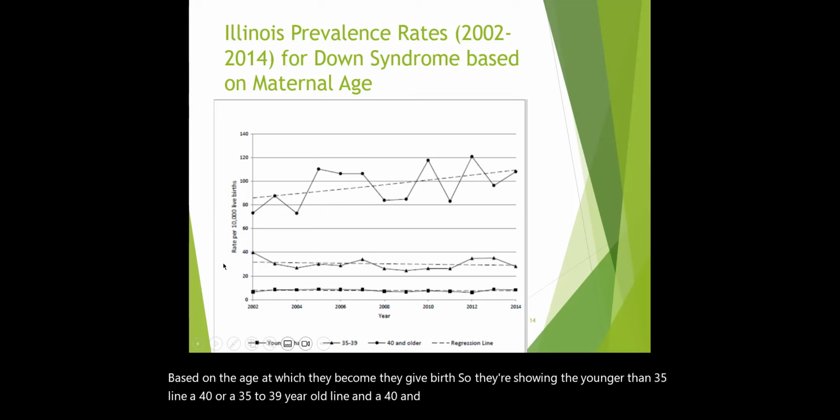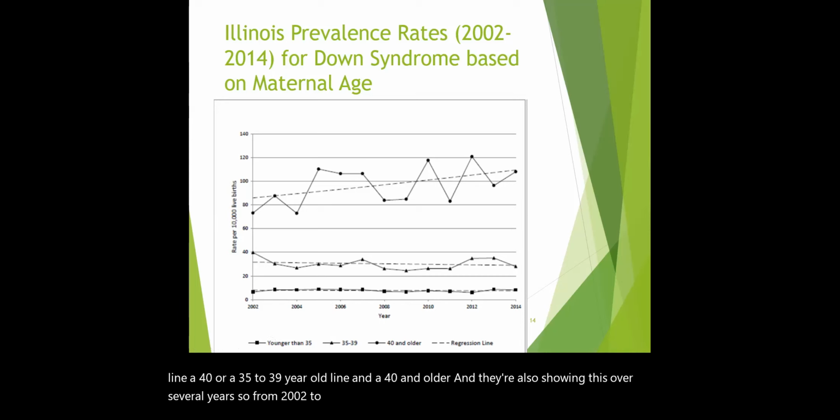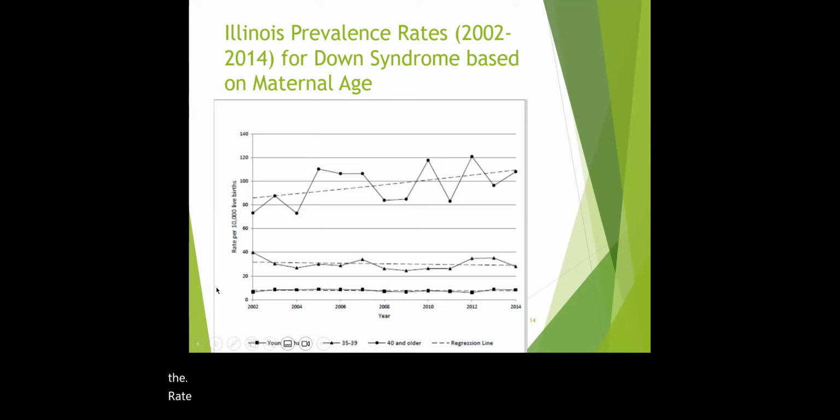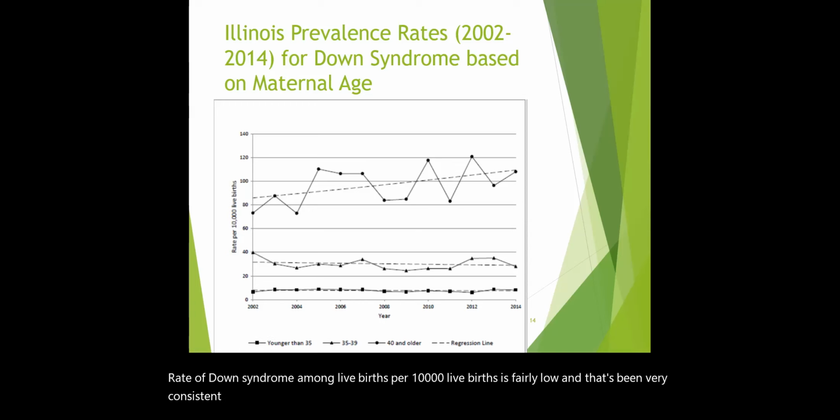And they're also showing this over several years, from 2002 to 2014. So you'll see with people who are younger than 35, the rate of Down syndrome among live births per 10,000 live births is fairly low, and that's been very consistent over time.